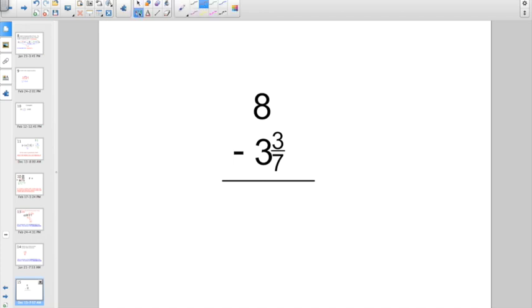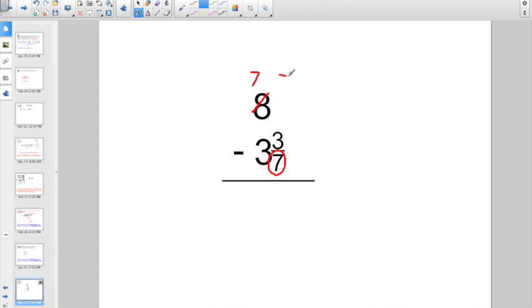Moving over to the fraction side right now, pretty easy. 8 minus 3 and 3/7. I cannot start with nothing and subtract 3/7. I have to go and borrow 1 whole, right? I'm going to bring it over to the fraction side, and I'm dealing in 7s.